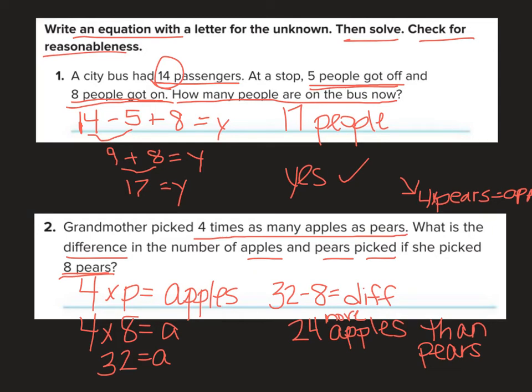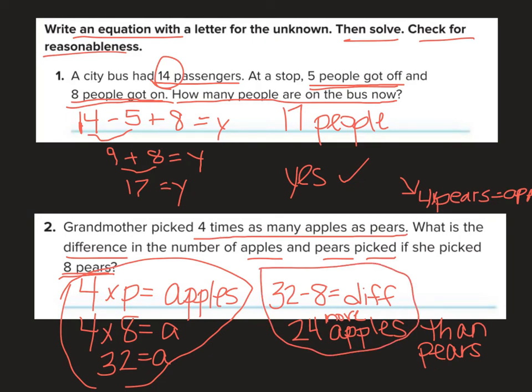So in my thought process, we are supposed to put this into one two-step equation, and I did two. So I first solved for how many apples we have, and then I found the difference. Probably the way that we should have done that is 4 times 8 minus 8. So I'm taking 4 times the number of pears, and then I'm subtracting pears, and that's going to equal the difference.